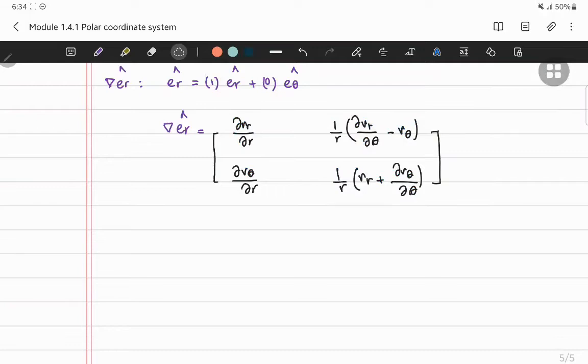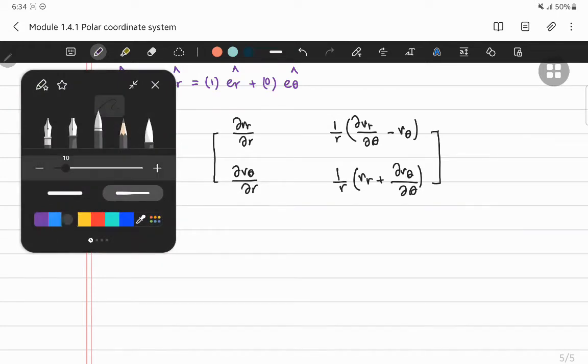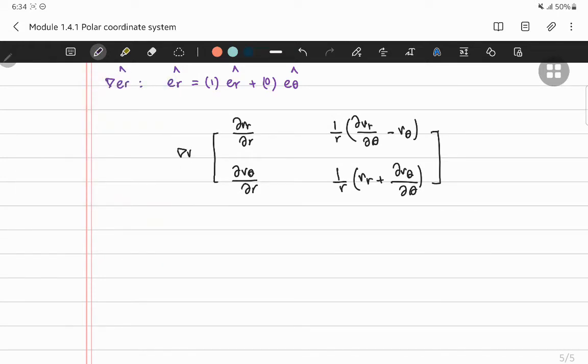Perfect. So let me just get rid of this. This is del V, and change this, sorry, to red.